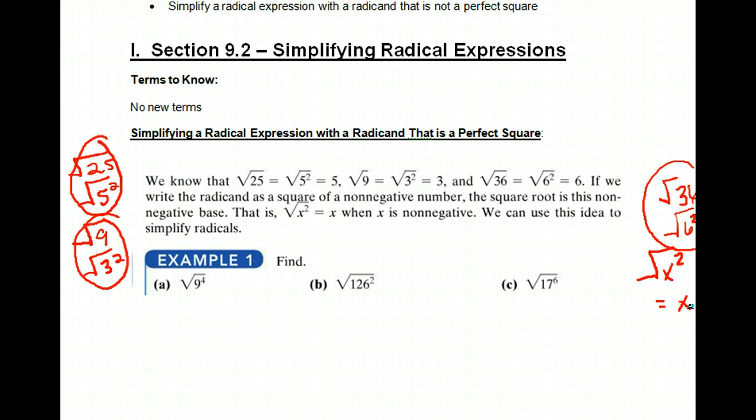We can use this idea to simplify radicals. So let me show you how this can work. Now, what we have done in each of these examples is break the radicand into perfect squares.